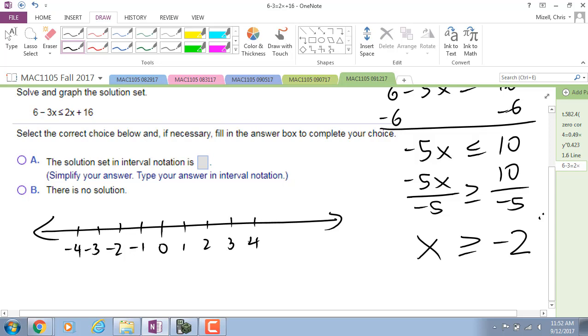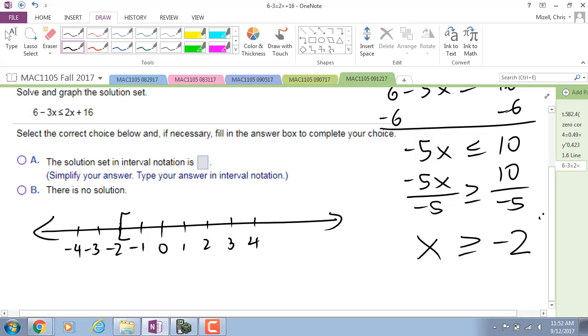So -2 is there. Back in the day when I learned how to do this for the very first time, I'm sure I'd put a solid dot right there at -2. Is that still taught, a solid dot there? That's certainly fine, because I'm not going to ask you to graph this on the number line, so however it works best for you. What's typical, if you see this done in the textbook, is a square bracket there to indicate that the -2 is included.